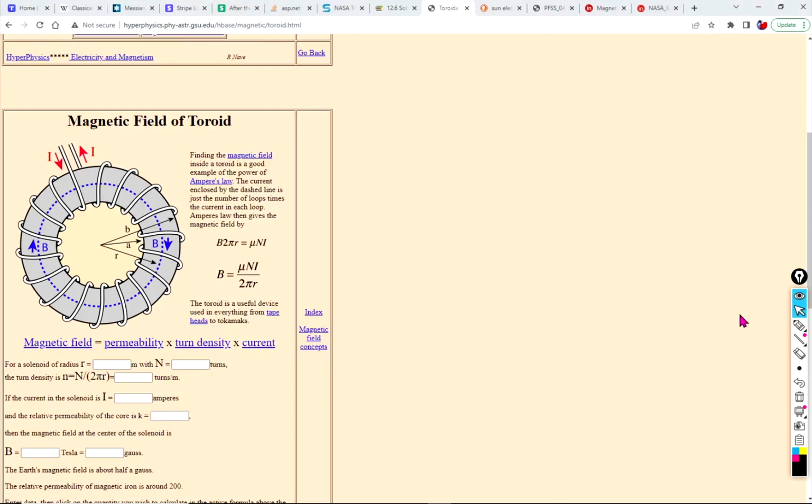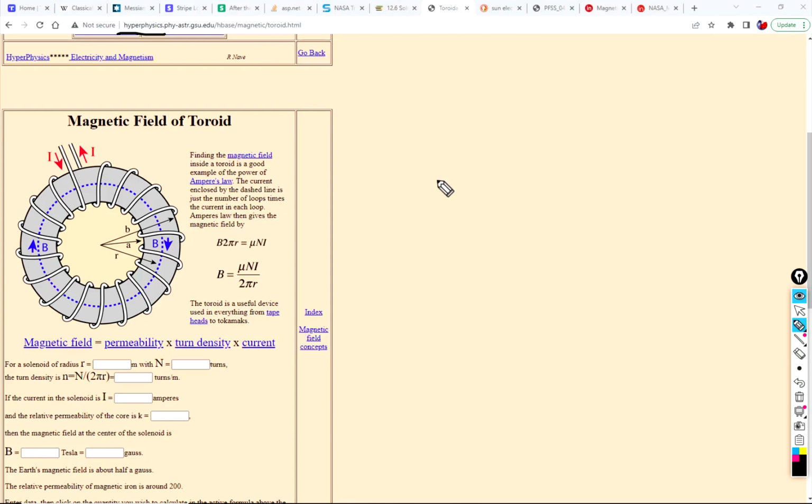This is a website I've known about for many, many years called Hyperphysics. Old site, been around a long time. The magnetic field of a toroid. Yeah, folks. You want to know what gravity is? You're looking at it. It isn't some mysterious, unknown whatever.